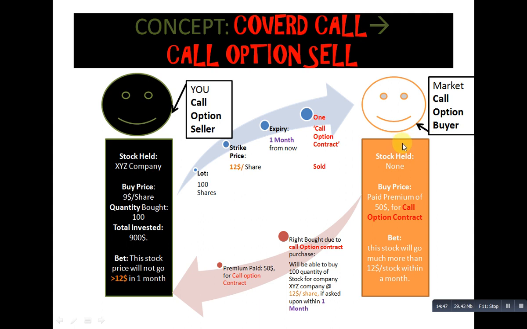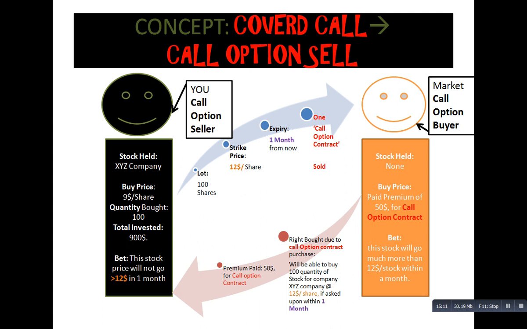However, this person in the market, this orange person, believes that within 1 month this stock price will go much more than $12. They are thinking it might go to $15, $20 within 1 month, right? They have done some analysis, or they're just betting based on a hunch.